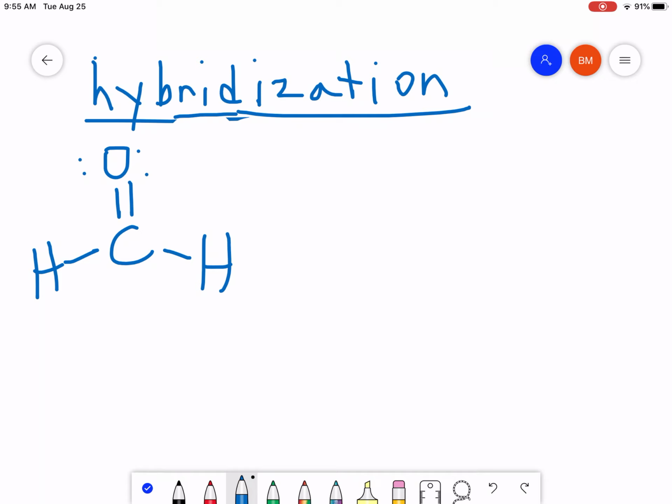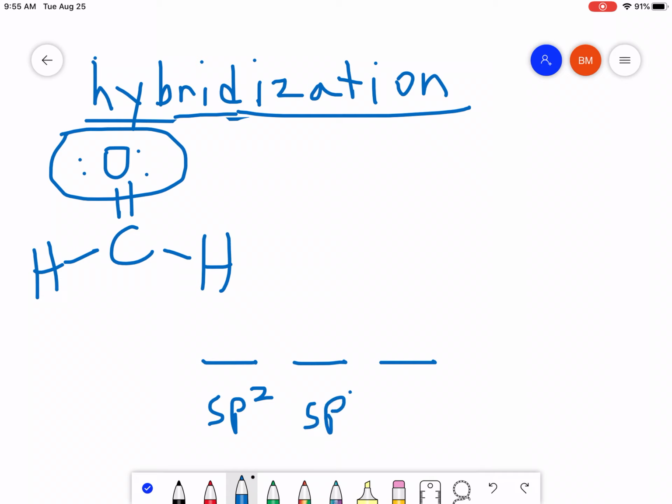I encourage you to do both on your own, but for right now, I'm going to go over the oxygen with you. All right? This is going to behave just like the last one. This one's going to hybridize to form 3 sp2 orbitals. And you're going to have a p orbital left over, right?